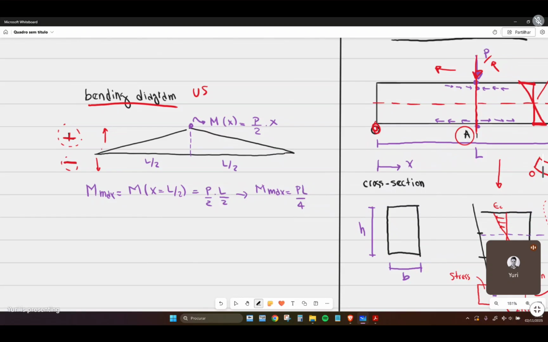So since it's a point load, we have here the zero part, and then the moment is going to increase linearly until reaching the maximum bending moment, which is going to be when X is substituted by L over 2, we're going to have PL over 4, okay? So that's the maximum bending moment. For uniform load bending moment, we're going to see by the end of this lesson, okay?